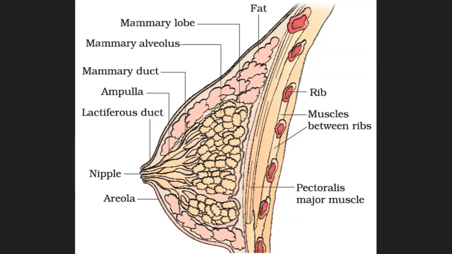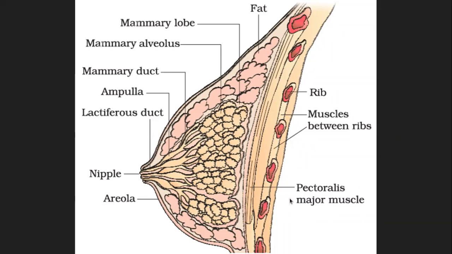That is the structural arrangement. Each of these lactiferous ducts, for example this one, is present in one compartment or one lobule of the mammary gland, and similarly the others will also be present.